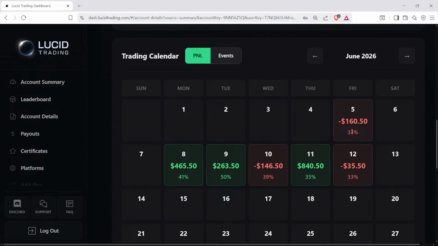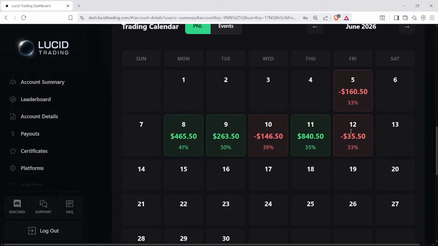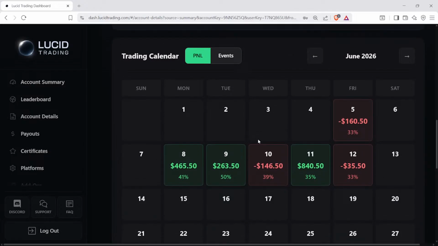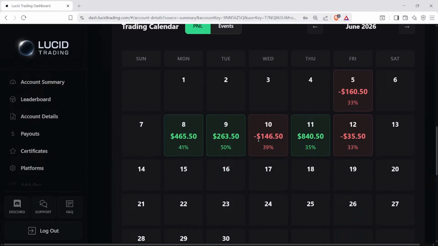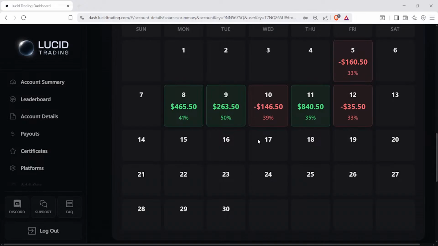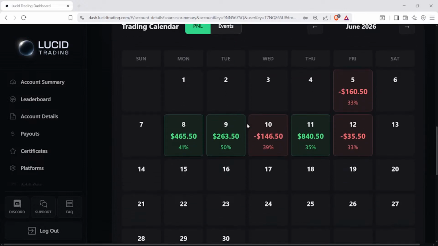Today is Saturday. So this is my first time doing this. I'm going to start every week coming on and doing a breakdown of my progress, just to stay consistent and keep having that smooth curve up to a payout.